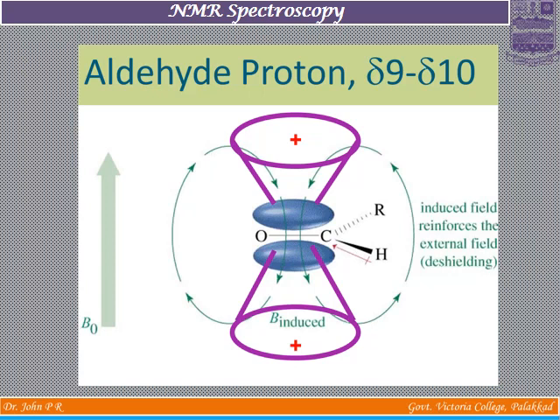So, by the electronegativity effect, that aldehydic hydrogen is de-shielded. By magnetic anisotropy, the aldehydic hydrogen is also de-shielded. So the added effect is that they are greatly de-shielded.